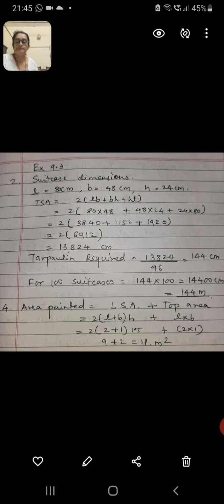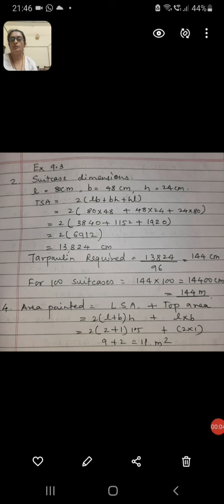For the curved surface area of a cylinder, that is only the side, not the circles at the top and bottom, only the round surface area, that is called the curved surface area, we are going to use the formula 2πrh.